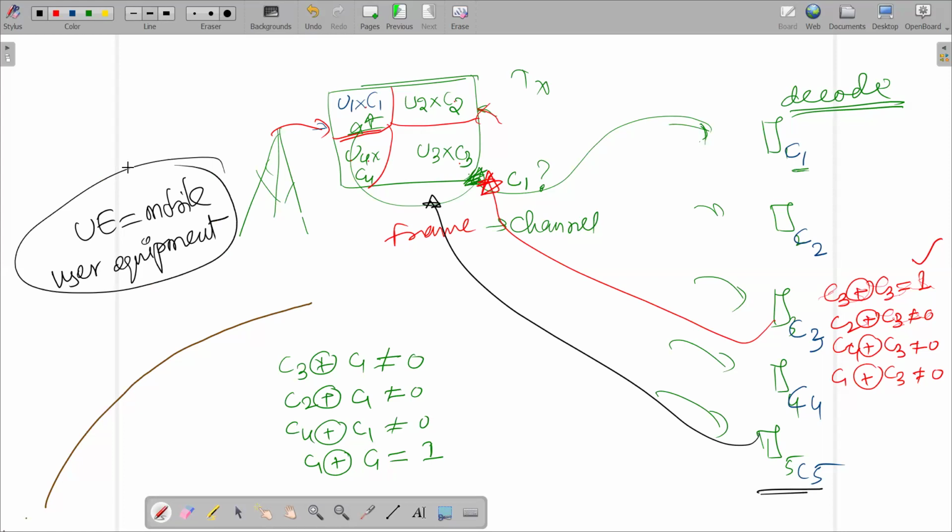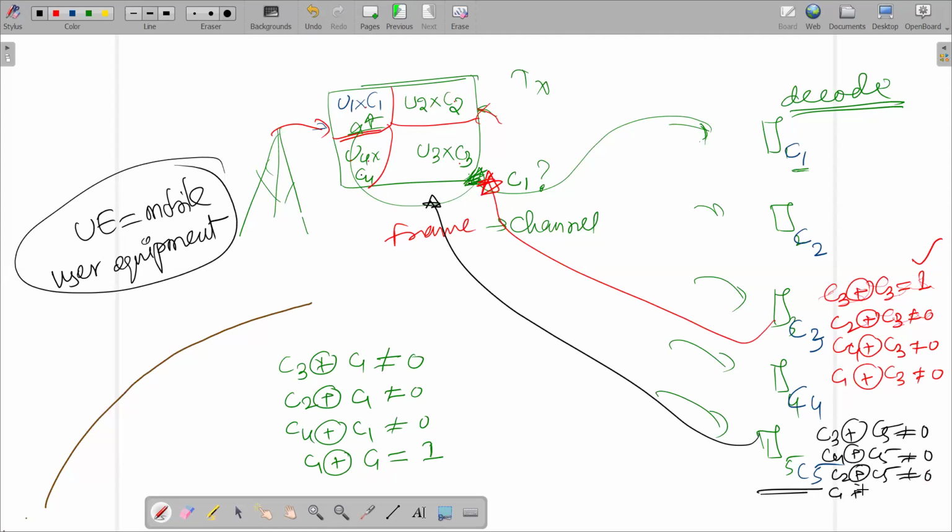Here this user 5 tried. Here data is transmitted with C3 convolved with C5, no data. Again here, C4 convolved with C5, no data. C2 convolved with C5, no data.